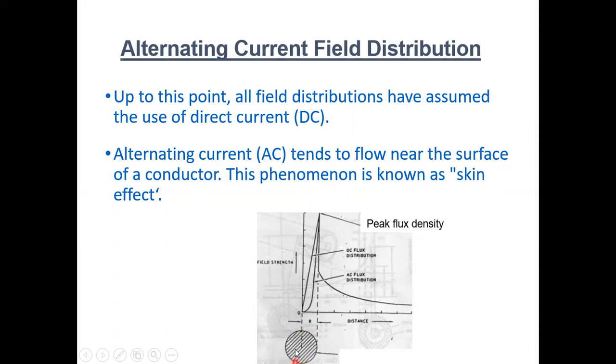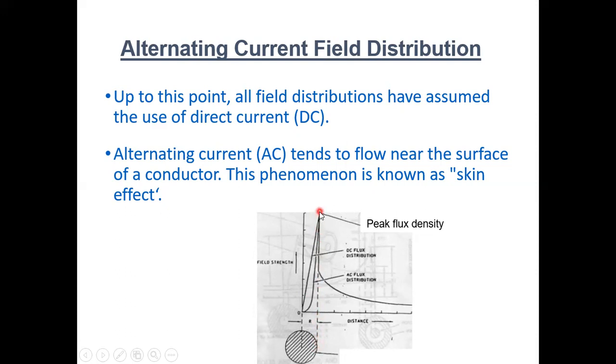Now, even if you are giving current at the center of the conductor, the AC goes to the outside immediately because of the current tendency, and this tendency is because of the frequency of the AC current. Then see here, this is going uniformly, but one thing you see carefully: where is the maximum field strength?